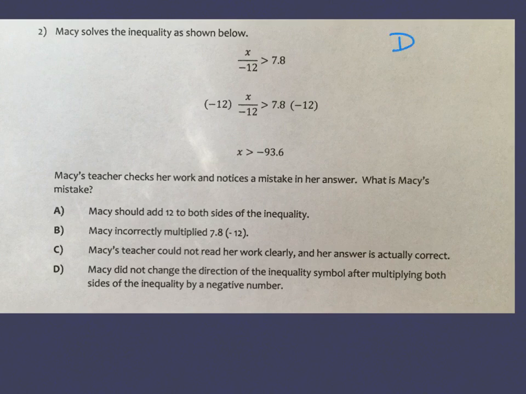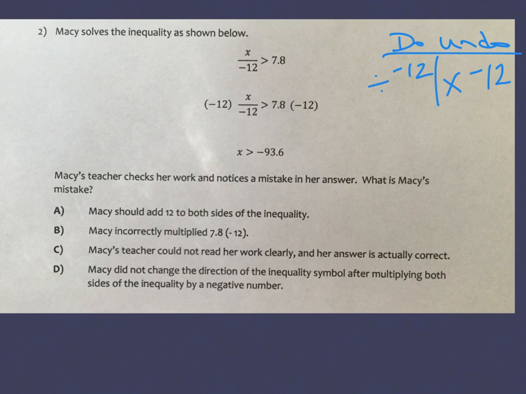Let's draw our do-undo T-chart. Well, what did we say was currently being done to the variable x? It's being divided by negative 12. So the undo will be the inverse operation. Multiply by negative 12.